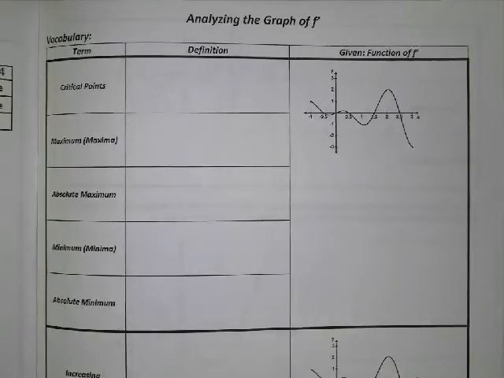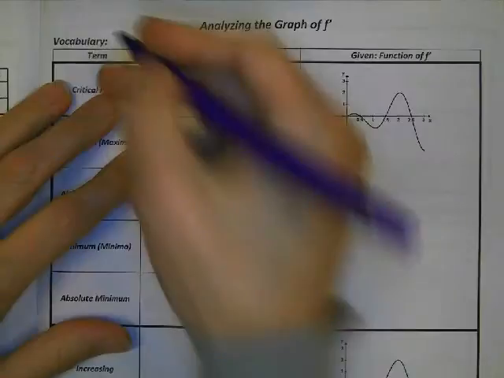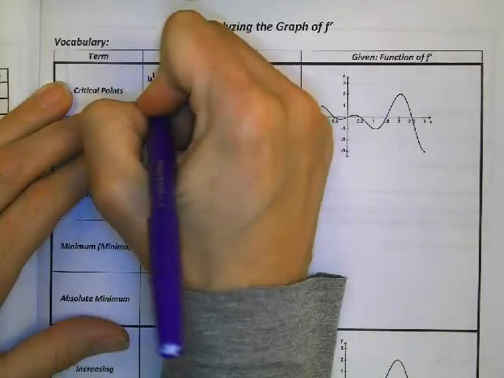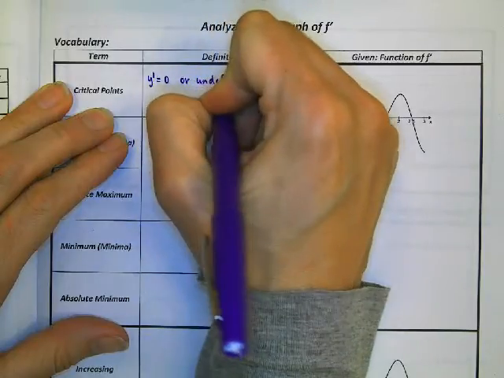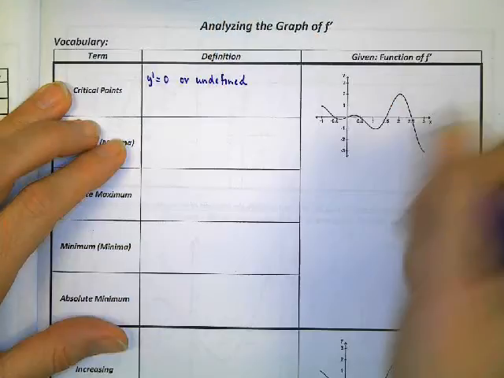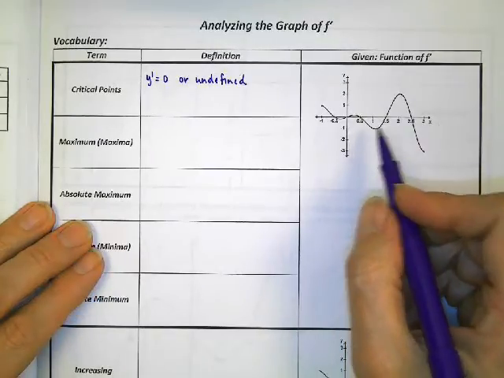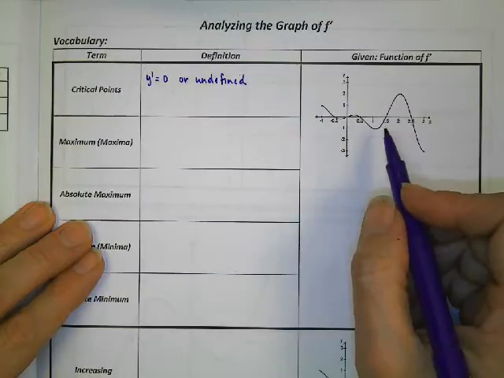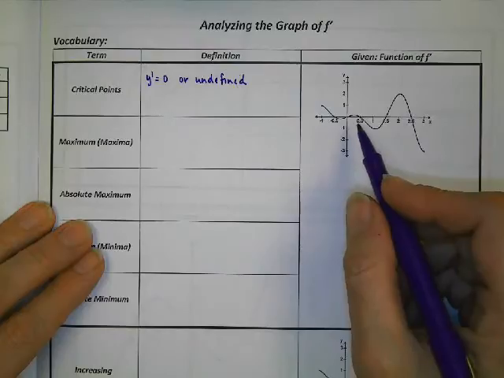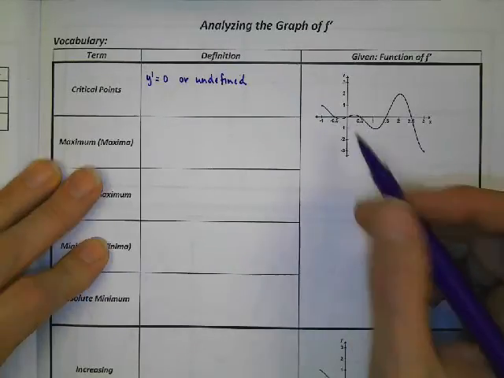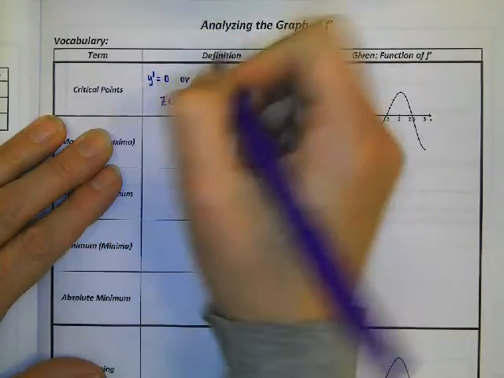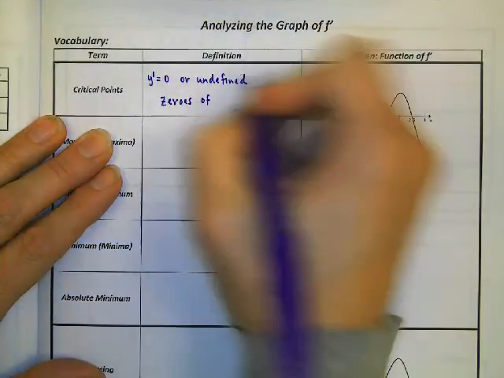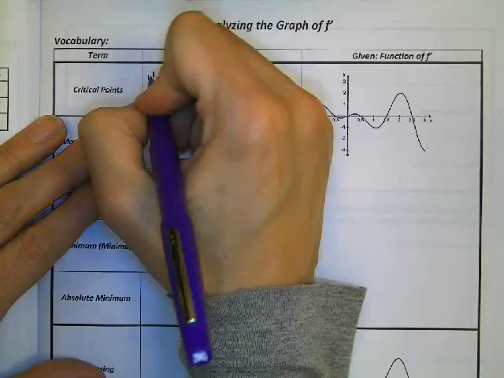So the first thing we're going to talk about is, again, our critical points. And we know that critical points, again, are points where y prime is equal to 0 or it's undefined. Now, if I'm given the graph of f prime, it's really easy now to find those critical points because those are just going to be the zeros of, and I guess since this is f prime, I'll use f prime.